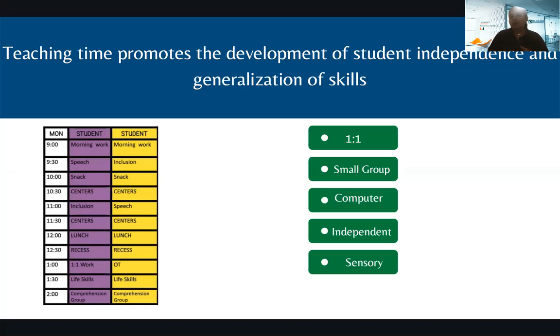Same thing with one-to-one. And when they go to independent, one-to-one, computer, all those things are targeted very specifically to the students. So if you have a student on modified who is doing TEACCH Town, then when they're on the computer, they're working on TEACCH Town. Or a student that's on gen ed and doing iReady, when they're on the computer, they're doing iReady.